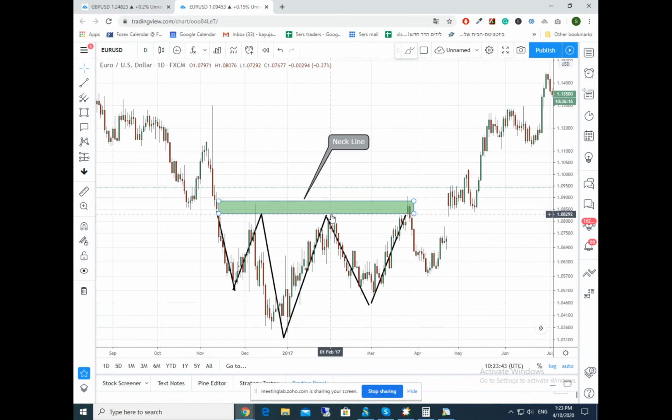We can see it, and then the price creates this low and still doesn't succeed to break out this neckline. Another technical correction, and finally the price broke out and got inside the bullish zone. So at this point, we can say that the price switched the momentum from bearish to bullish.